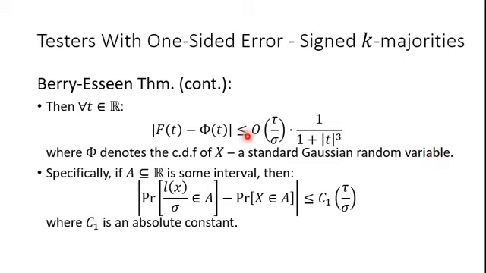So we get this upper bound. And specifically, if we look at some interval of the real numbers, then we get the following relationship. Once again, we can see L(x) divided by sigma that we saw in the previous slide, and x, the standard Gaussian random variable. And this is very similar to what's written here, where C1 is an absolute constant.